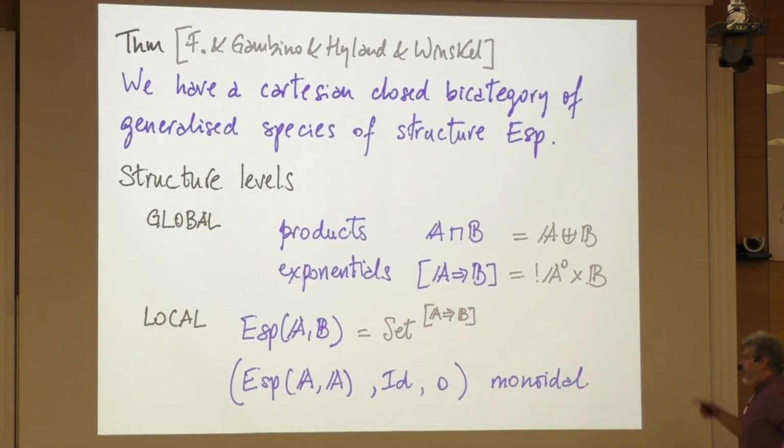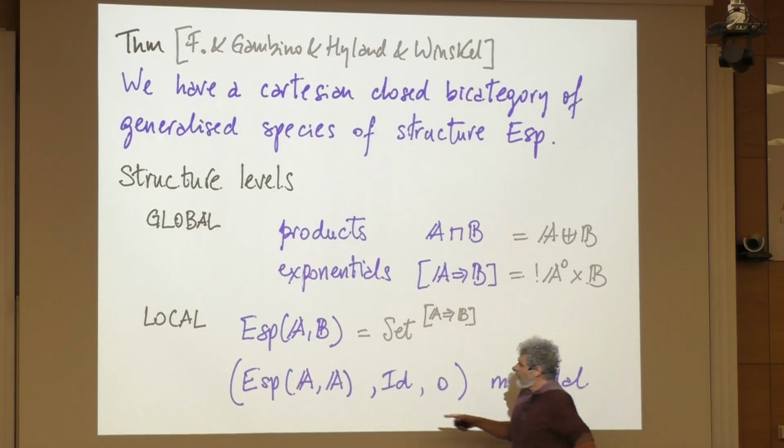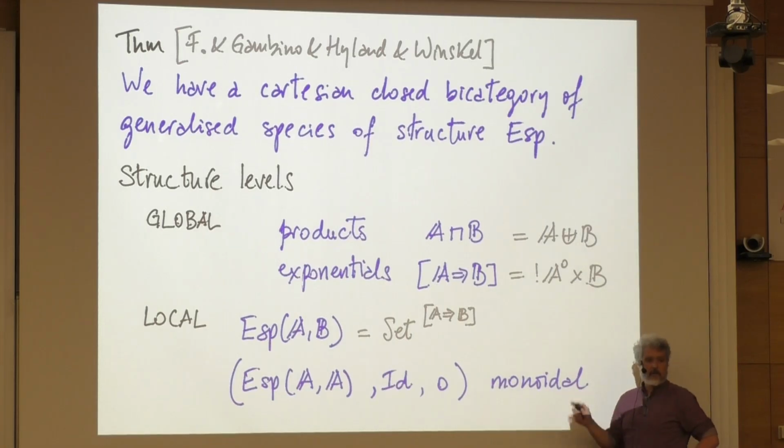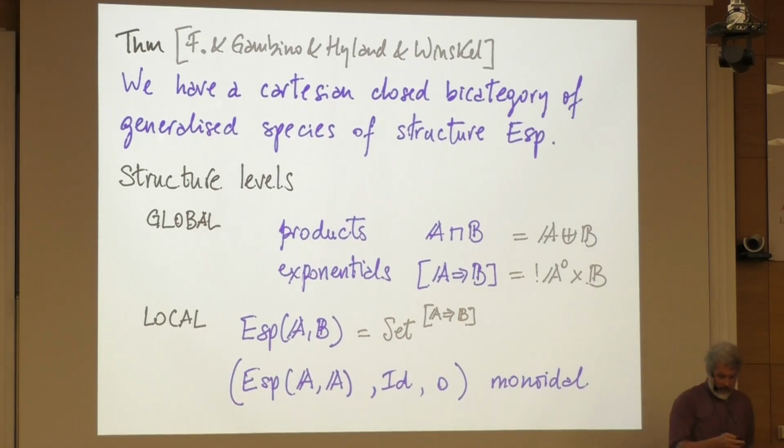Now, there is a very interesting interplay between global and local structure that I'm going to take advantage of in the construction I'm going to perform now. And in particular, as we know, in any bicategory the endohomes are monoidal categories, and this is going to play a role.